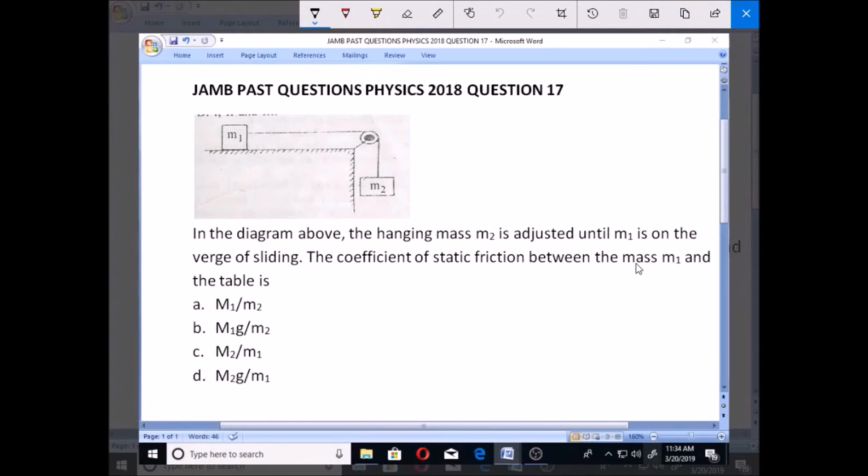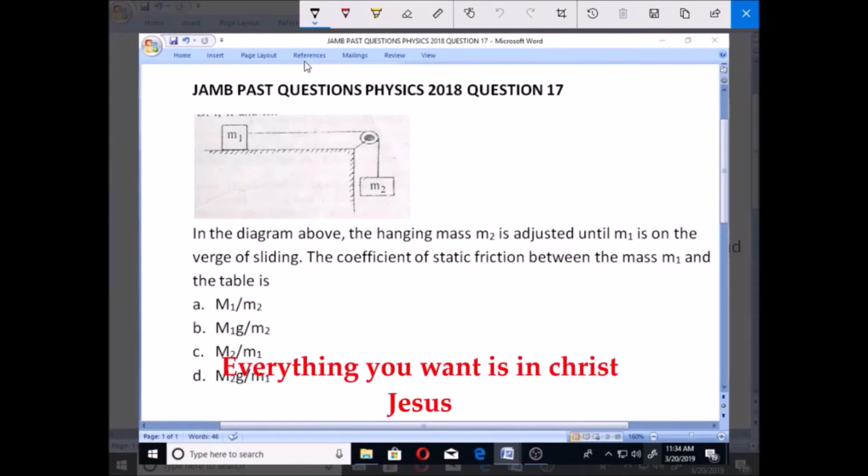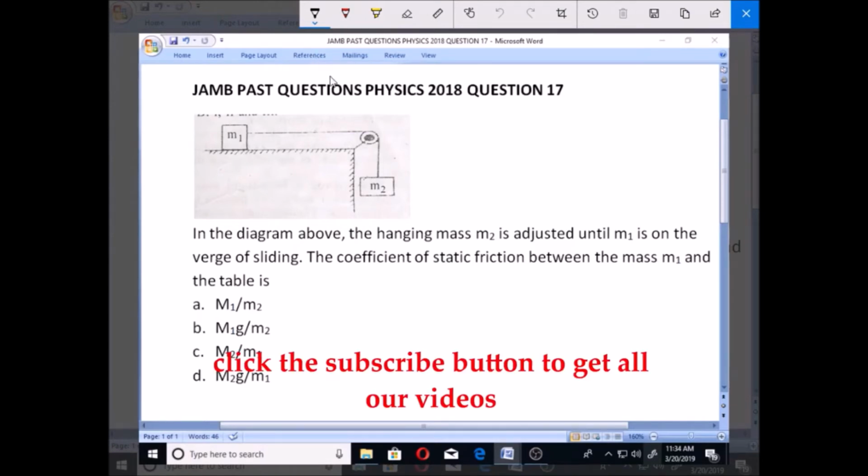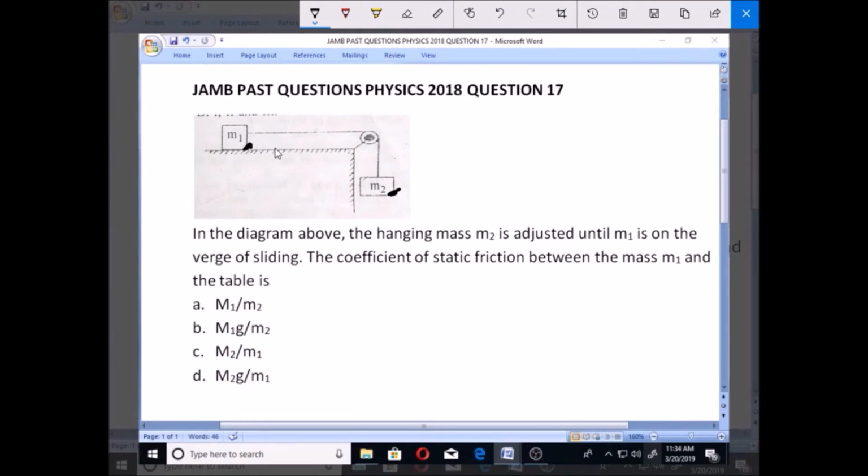Let's look at this JAMB past question. Question number 17 for Physics 2018. In the diagram above, the hanging mass M2, this is the hanging mass M2, is adjusted until M1 is on the verge of sliding.